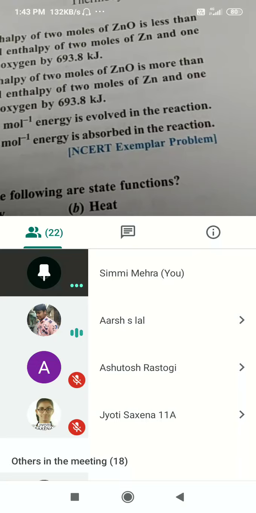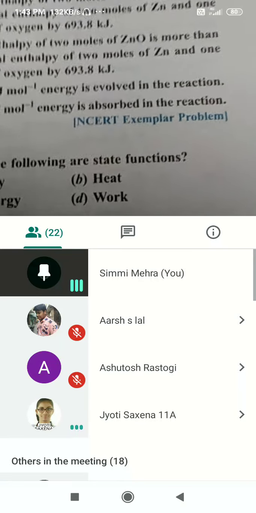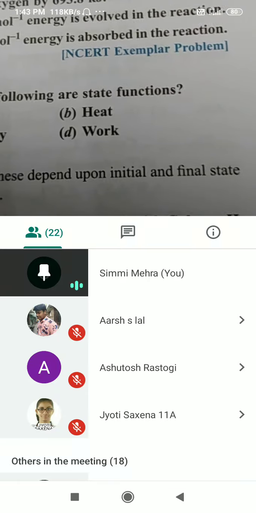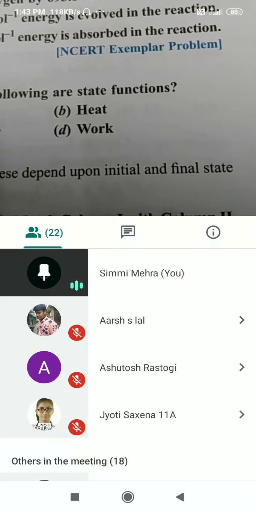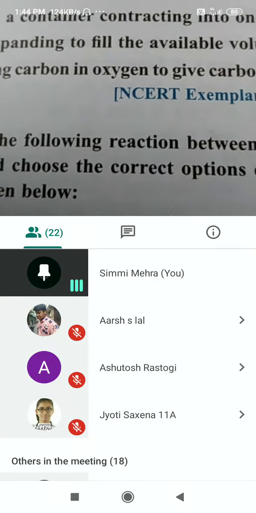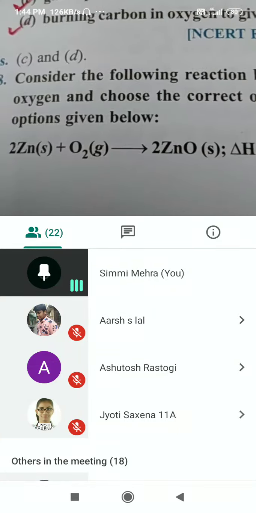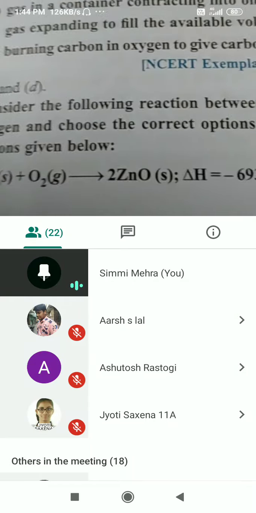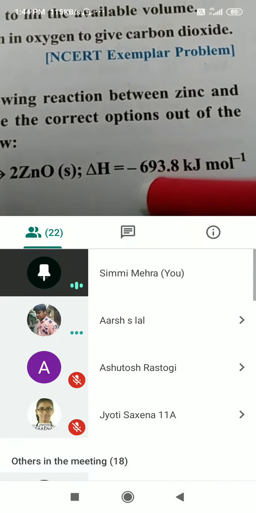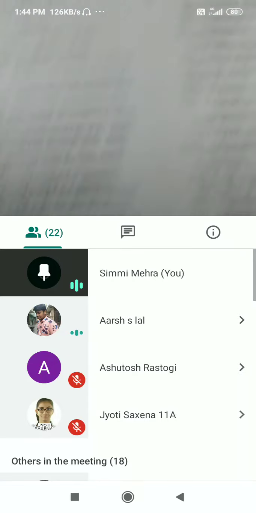Consider the following reaction between zinc and oxygen and choose the correct option out of the options given below. First option is zinc plus oxygen forming zinc oxide and it is an exothermic reaction. Correct? Now see the options.